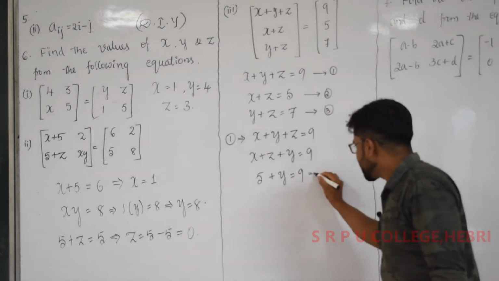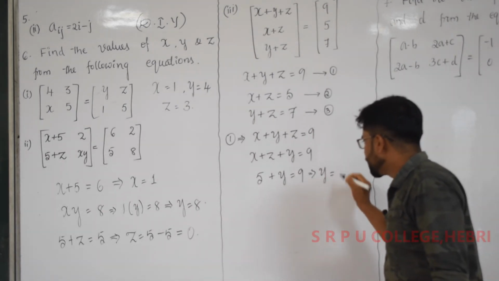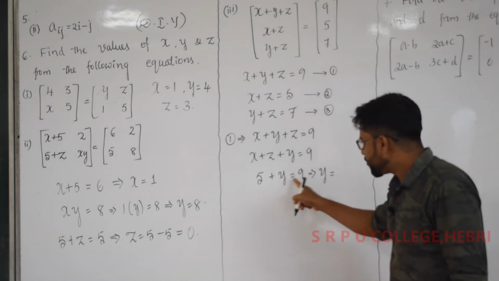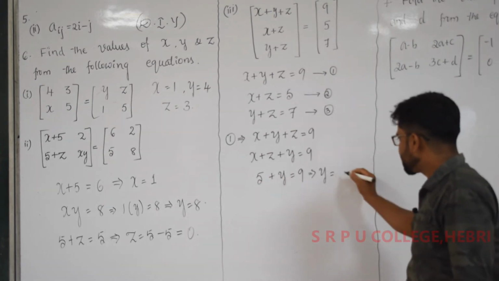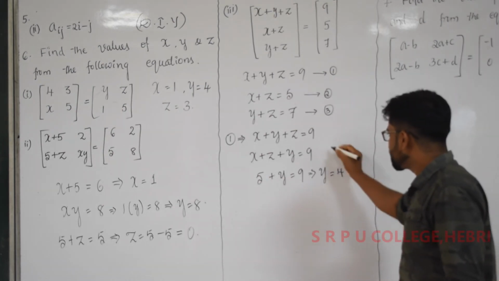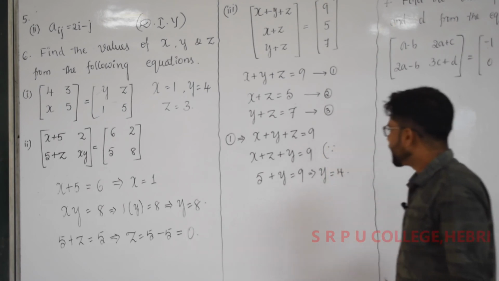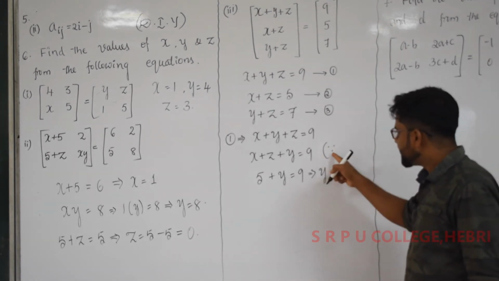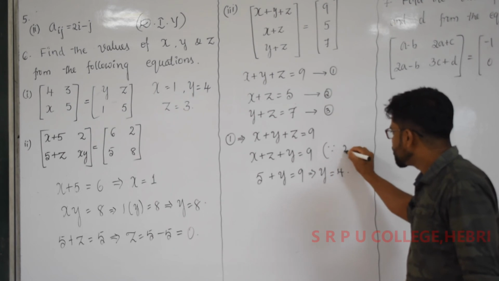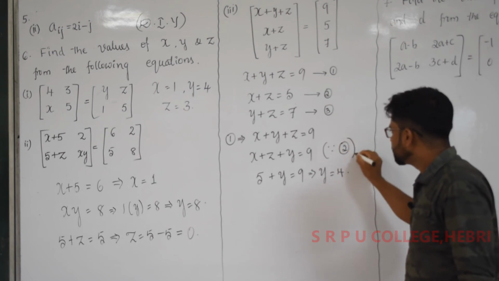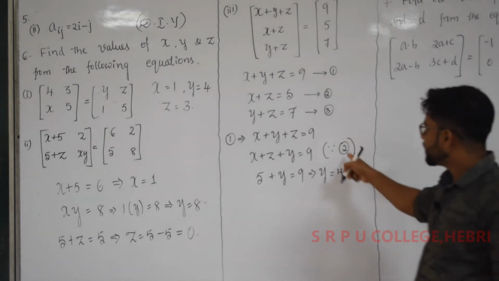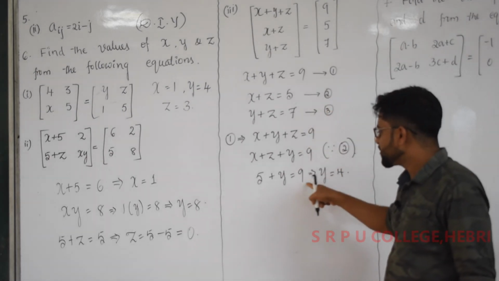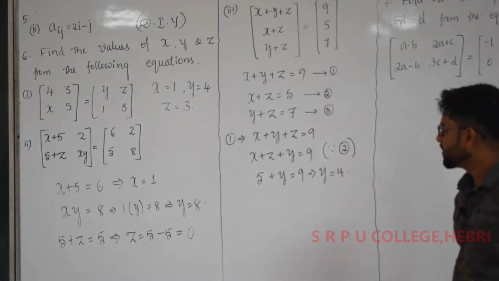So from this we got y value, y is equal to 9 minus 5, which is 4. Just write the reason for this: I used equation 2 here. So I got y value, y is equal to 4.